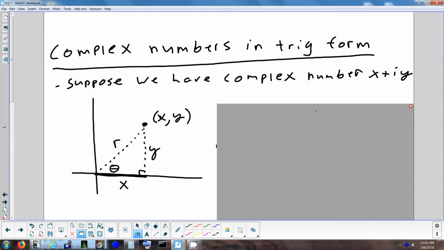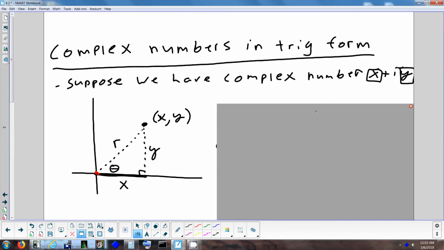And R, I've just labeled as the distance from this point to the origin. It's the dotted line on a diagonal. Now, all we have to do to write it in trig form, to figure out what the formula is going to be, is find a formula for X and find a formula for Y. Because in trig form, we don't move left and right and up and down like we graphed before.